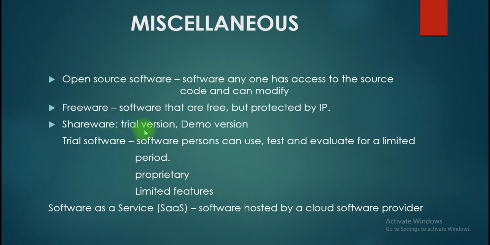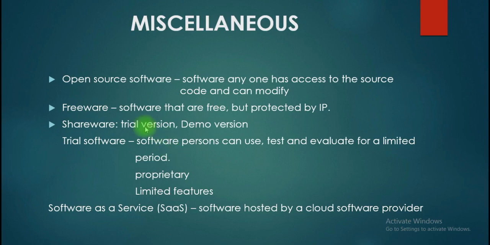And then we have shareware, which are different names referring to the same thing. So these are trial versions or demo versions. Demo here means demonstration version, and the purpose of these is to invite you to use the application, and if you like it, they're expecting that you would go and purchase the full version.